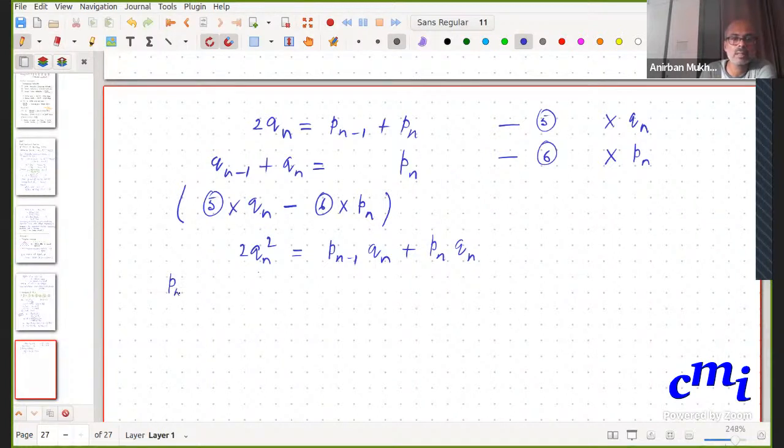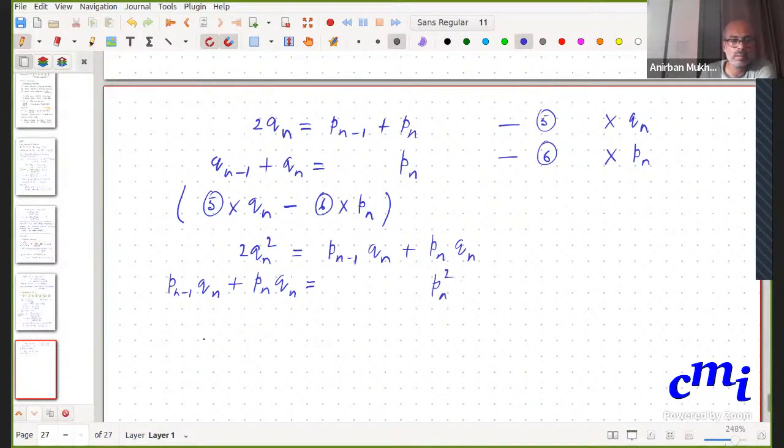So Pn minus 1 Qn plus Pn square. Yeah, and this side is just Pn square.